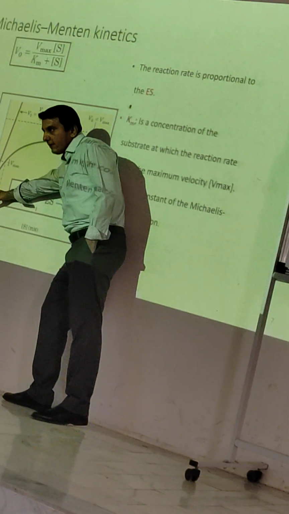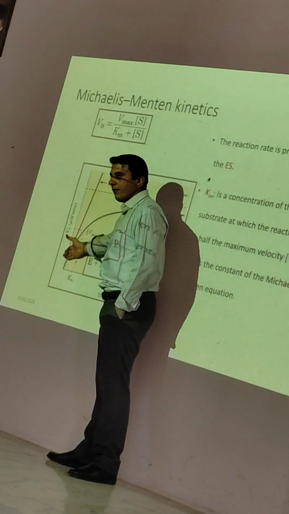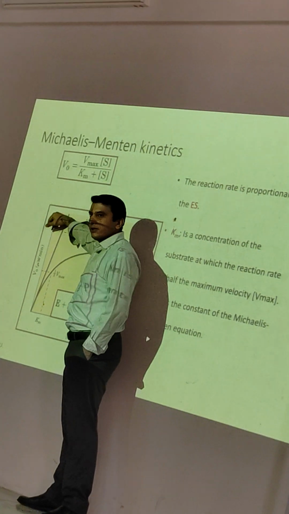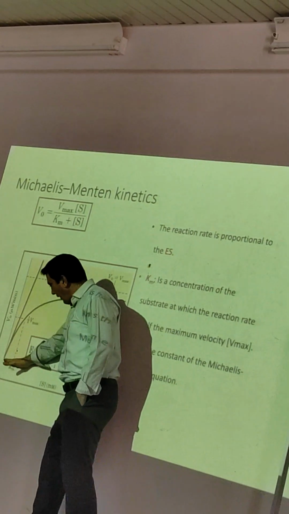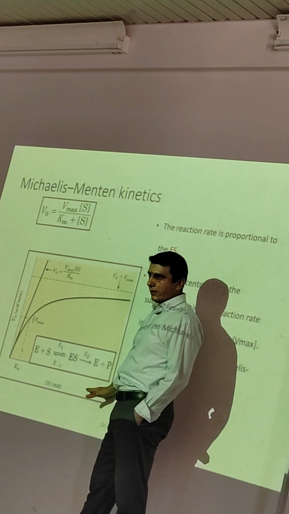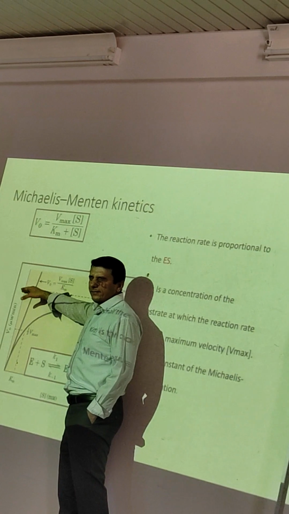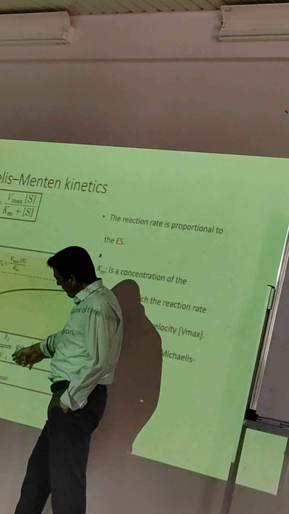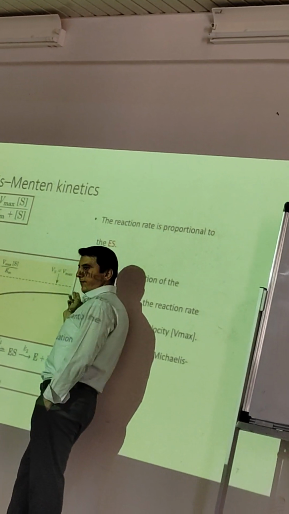Look at here. This is the substrate axis and this is the V axis. V is velocity or speed, and this is the substrate concentration. This is the maximum velocity or maximum speed of the enzyme. This is the substrate needed to achieve this speed.